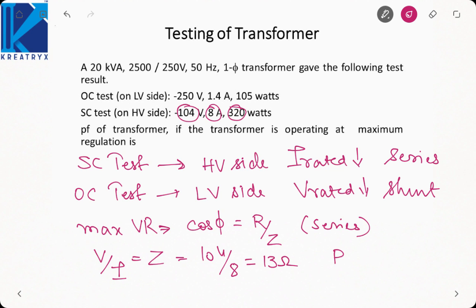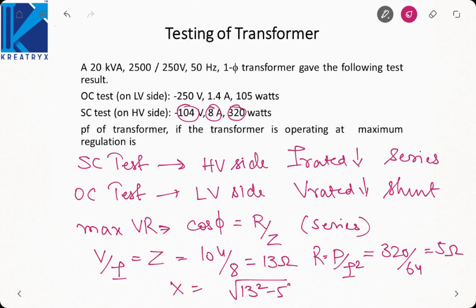If we divide power by I square, because we know the real power can only be consumed in a resistor, it will be 320 by 64, 5 ohm. That is our resistor. What about reactance? Under root Z square minus R square, that is 12 ohm. But power factor will be simply 5 by 13, that is R by Z.